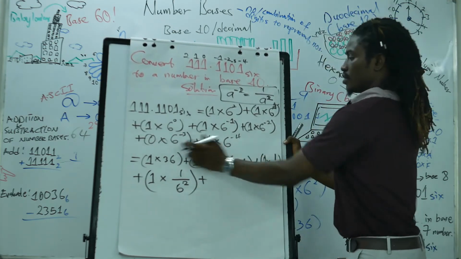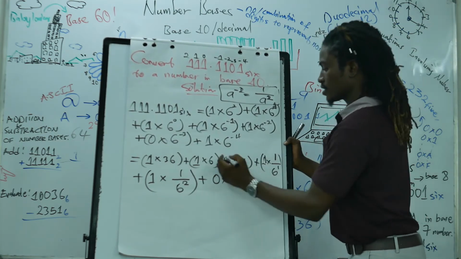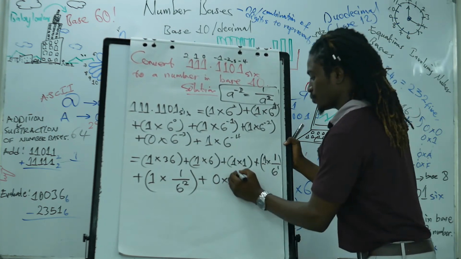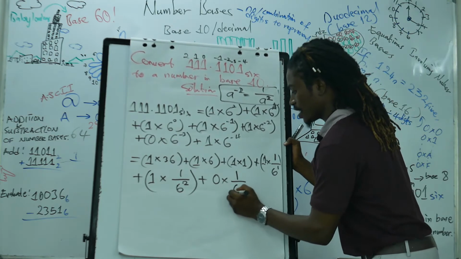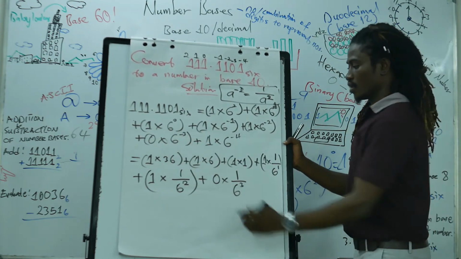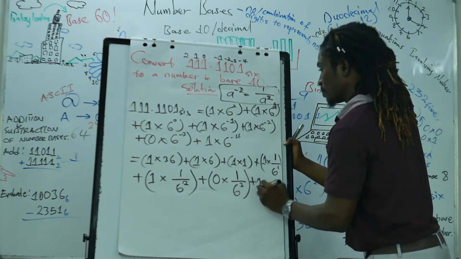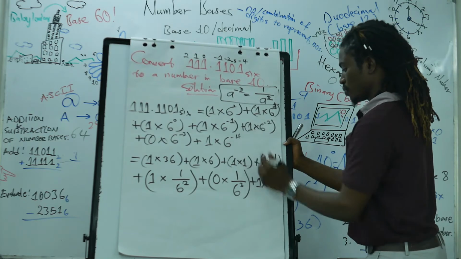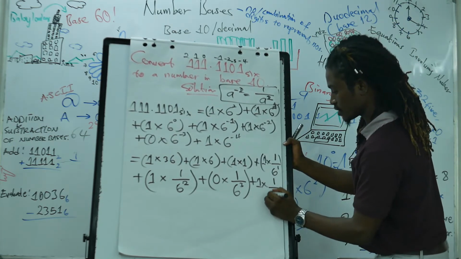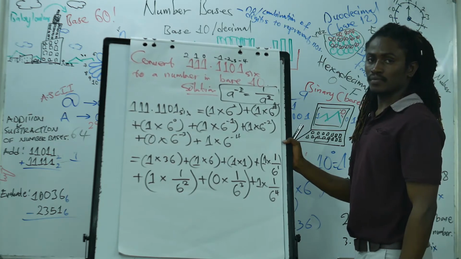Plus the next one, 0 multiplied by 6 raised to the power minus 3, we do the same, 1 over 6 raised to the positive exponent. And finally, 1 multiplied by 6 raised to the power minus 4, we say 1 over 6 raised to the positive power 4.